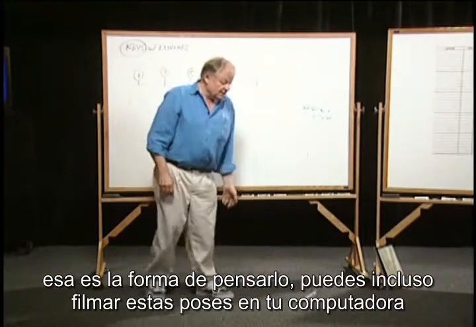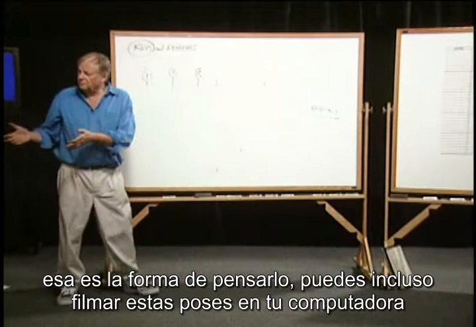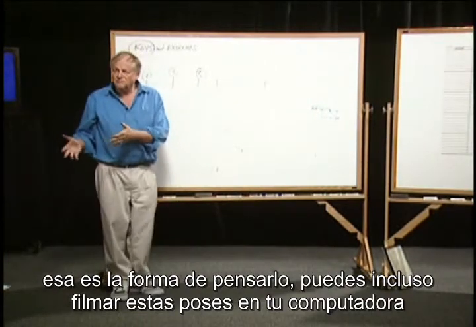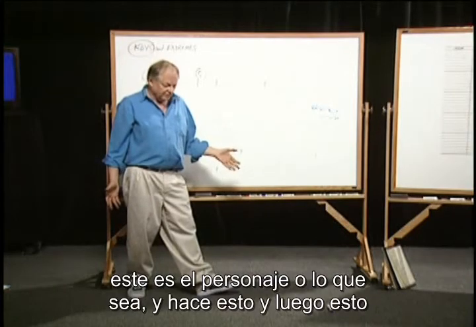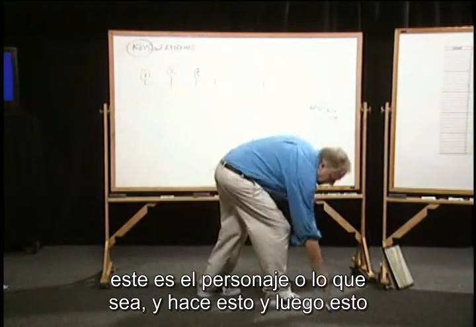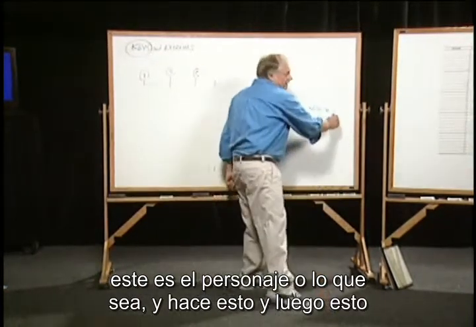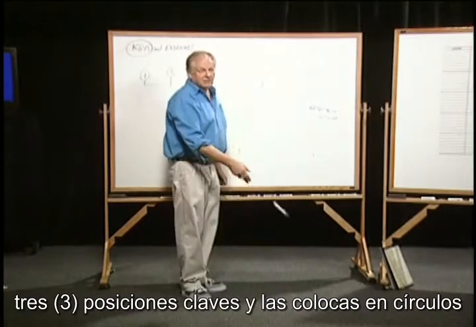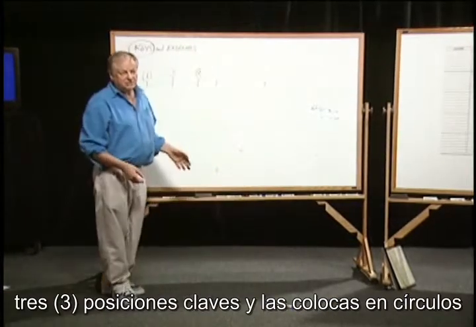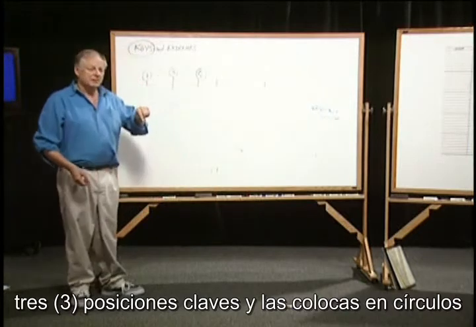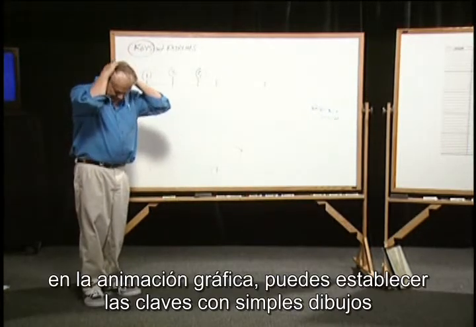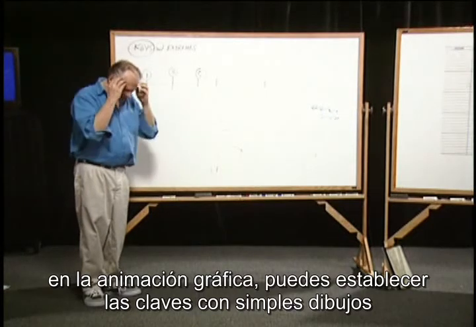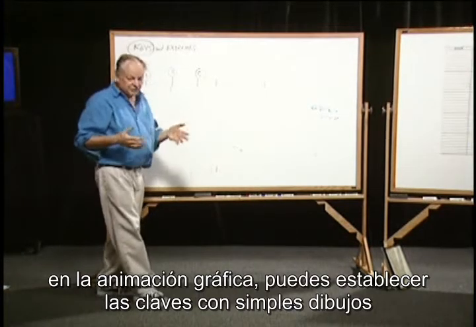What are your keys? You can then film them, or if your positions are in the computer, here's the creature, or whatever. He does this, and he does that. 3 key positions, and you circle them. Now with the graphic animation, you would draw.